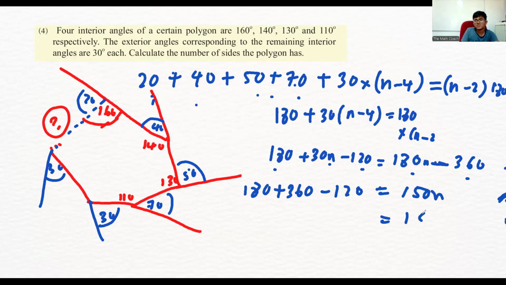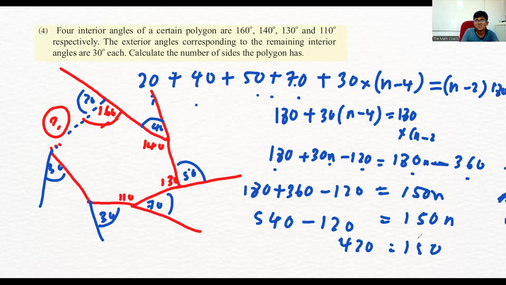You should do this on your own, because when you watch this through a video, you can't really understand it. You must do it on your own and see what answer you get. So 360, 540 minus 120 is 420.